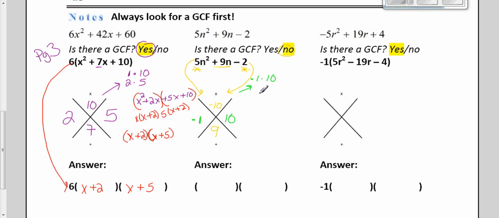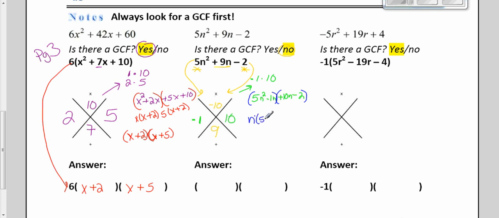All right, let's uncombine here and see what happens. So 5n squared minus 1n plus 10n minus 2. Okay. I am going to group, so I'll factor by grouping. And I get an n pulled out here.